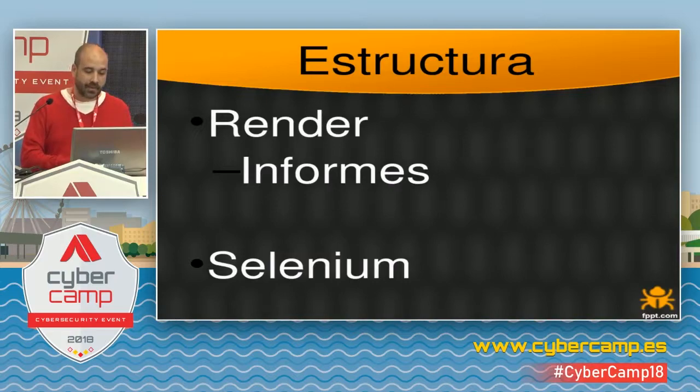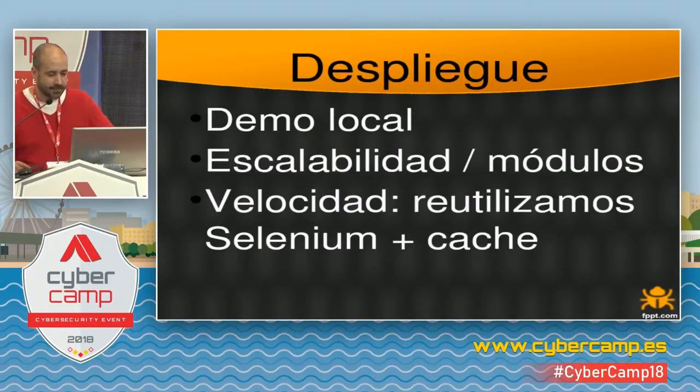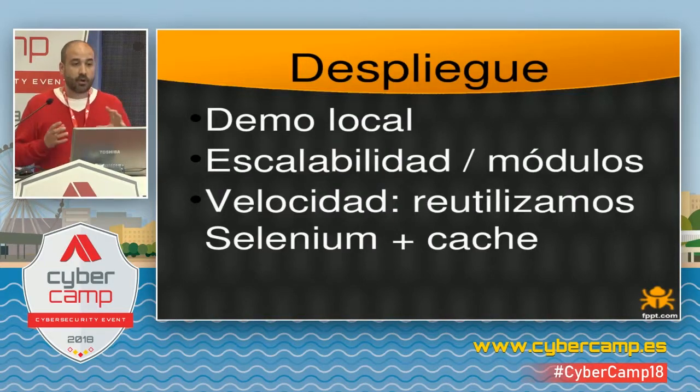And then we have a browser, Selenium, that can be automated, which is what we use for browsing the websites. Because it's a local demo, I've got it here on my laptop, but we want this to be a tool that will be scaled up in different modules so that we can have N front ends sending requests to N cores, each core with N instances of Selenium, so that the system capacity could be greater.